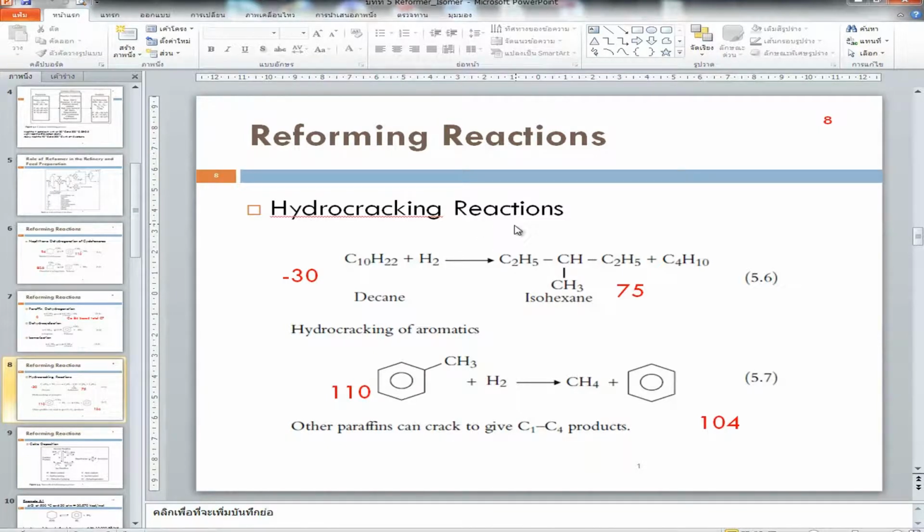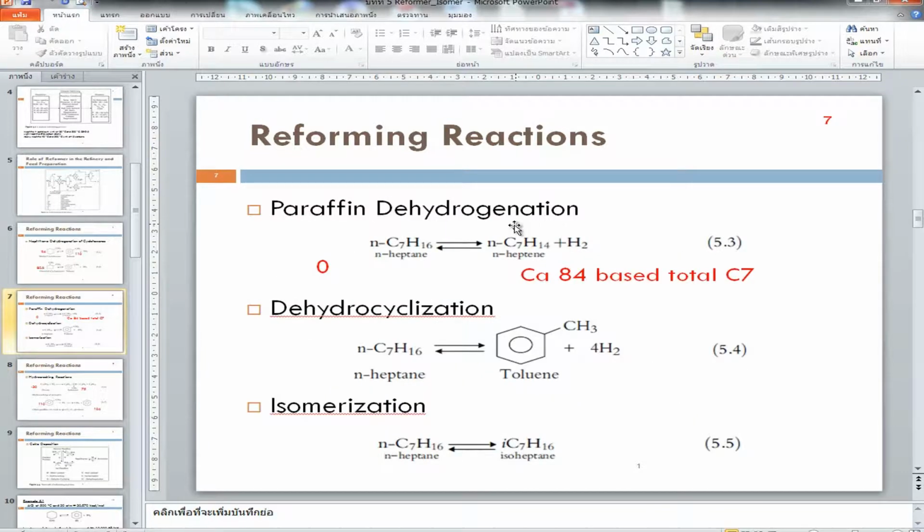Now let's take a look at isomerization first. Isomerization is the reaction that will reconstruct normal paraffin to isoparaffin, or the branched one. This will be talked about later.